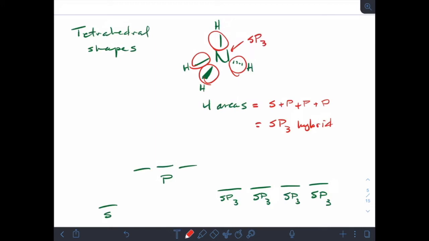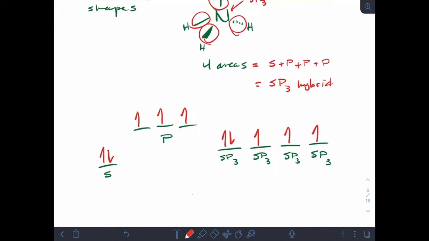Our nitrogen has 1, 2, 3, 4, 5 electrons, and I'm going to put all 5 of those in 4 new sp3 hybrid orbitals. Notice that I've used up all my p orbitals, so I don't have any unhybridized p's.